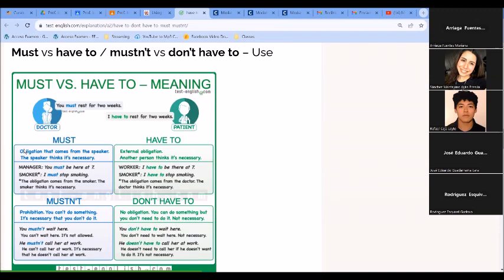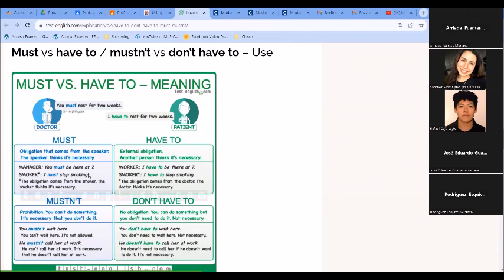We also use it when we're talking about prohibition. But when we go with the negative form of have to, there is no obligation, there's no necessity. You're not going to do it because you don't have the need to do it. So notice how the negative form here is different from mustn't.